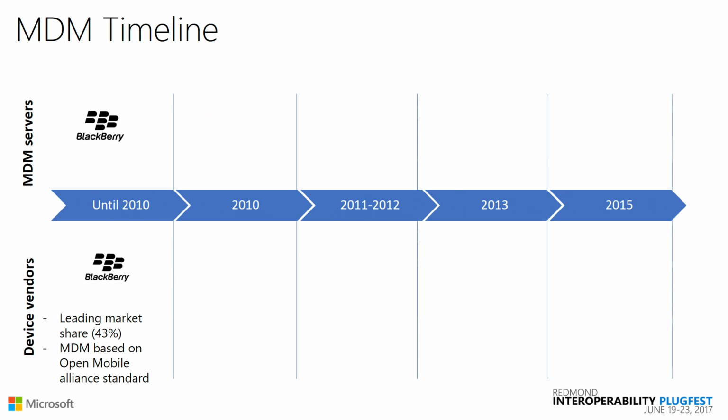And MDM came out of this thing called the OMA standard, the Open Mobile Alliance standard.